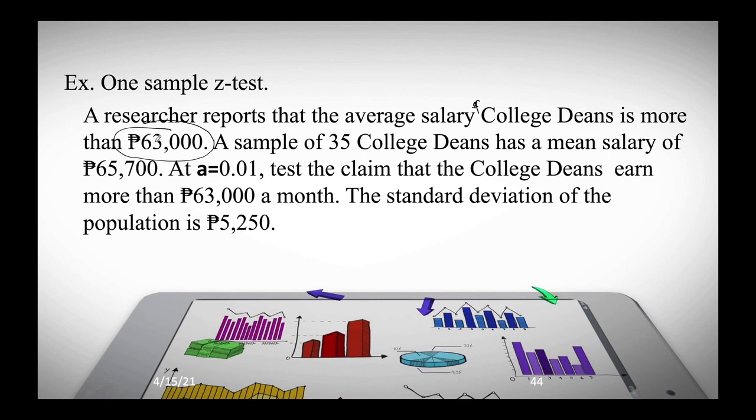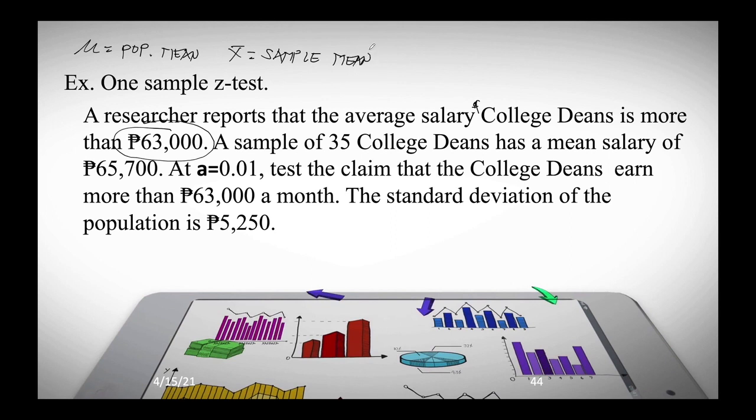The difference between mu and x bar is that mu is population. Let's write it here. So, mu is population mean, while x bar is sample mean.